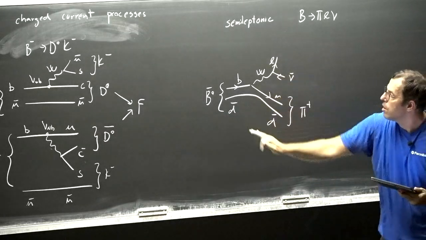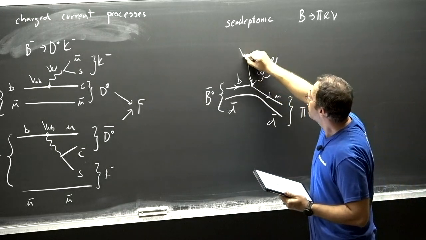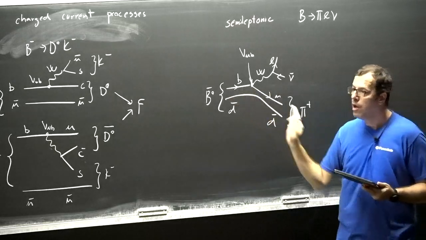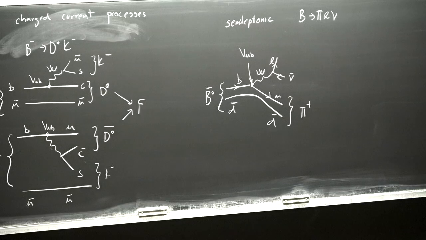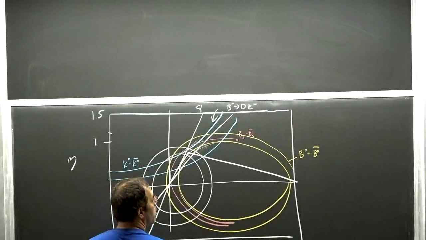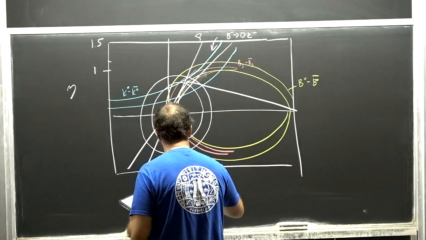All right, so you measure the rate for this transition, and you are going to be sensitive to the VUB matrix element as long as you're able to get that hadronic physics correctly. So that will be something like here. All right. It's getting busy already. So this was B to pi nu.